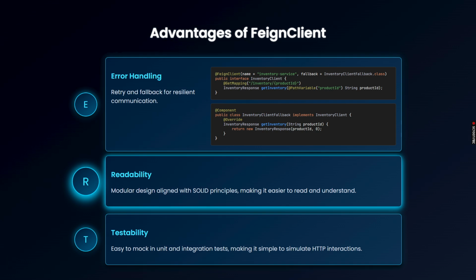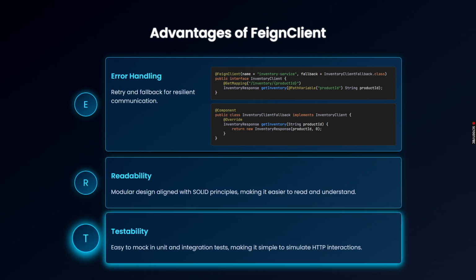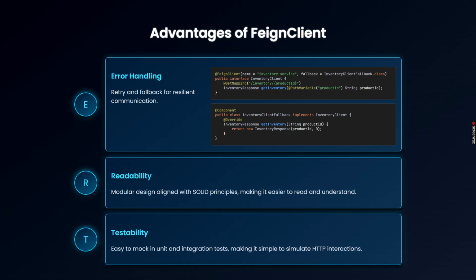Clearly defined interfaces improve clarity, which is essential in complex systems. Feign Client is easy to mock in both unit and integration tests. You can simulate HTTP interactions, allowing you to effectively test your application logic without actually communicating with external microservices. This significantly speeds up the testing process.